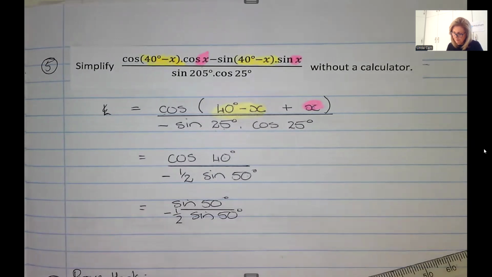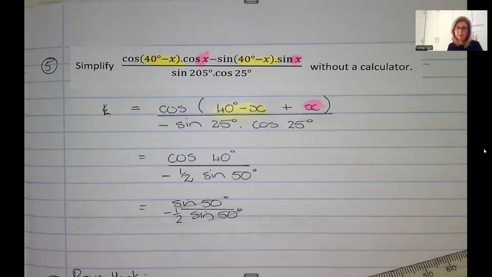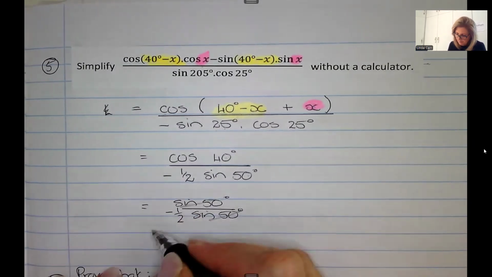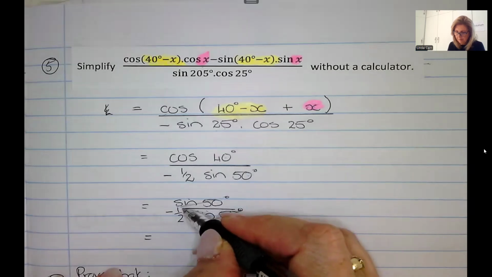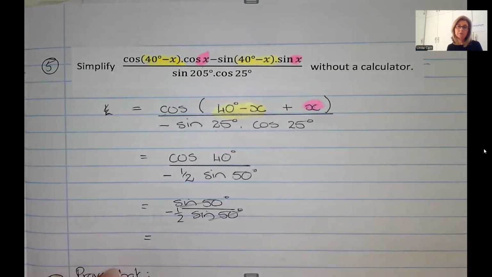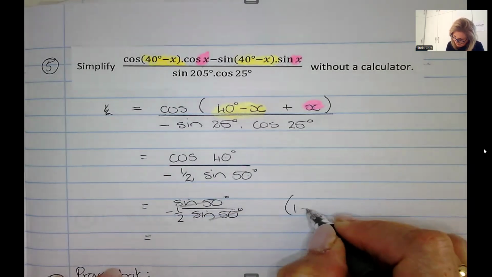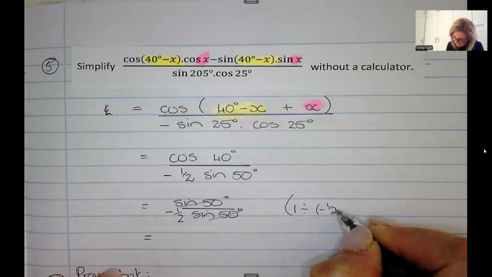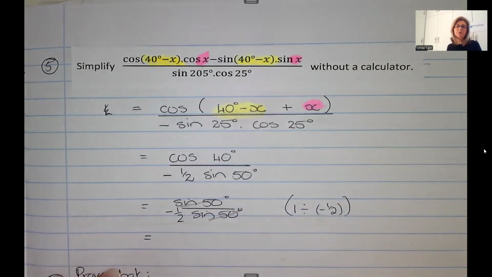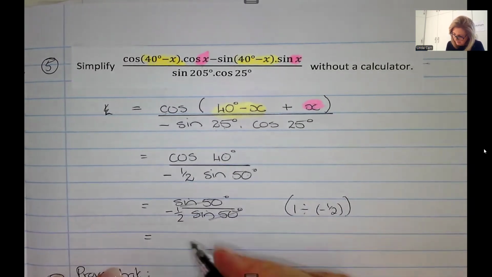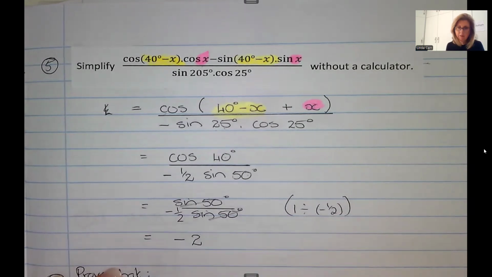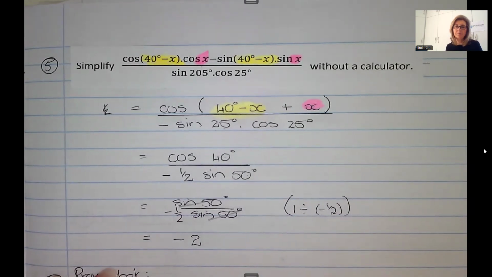The sine 50s divide out with each other, and I'm left with 1 divided by negative a half. And hopefully you know that when you're dividing by a fraction, you tip and times, invert and multiply. And so your answer is negative 2.